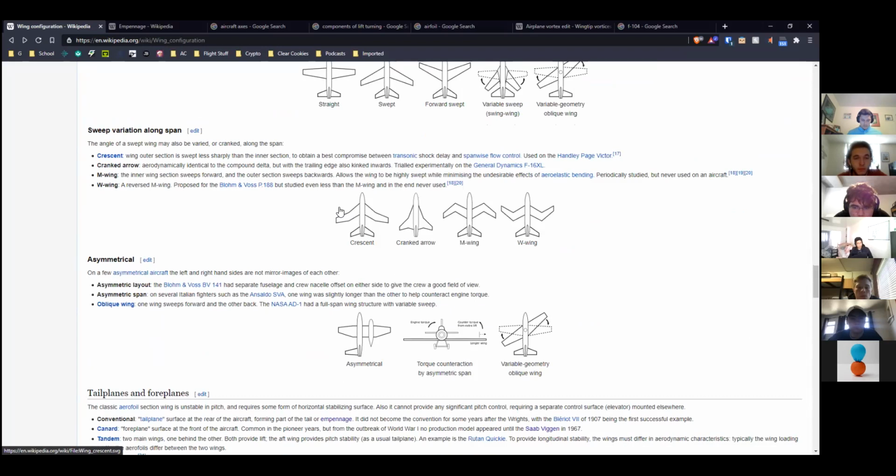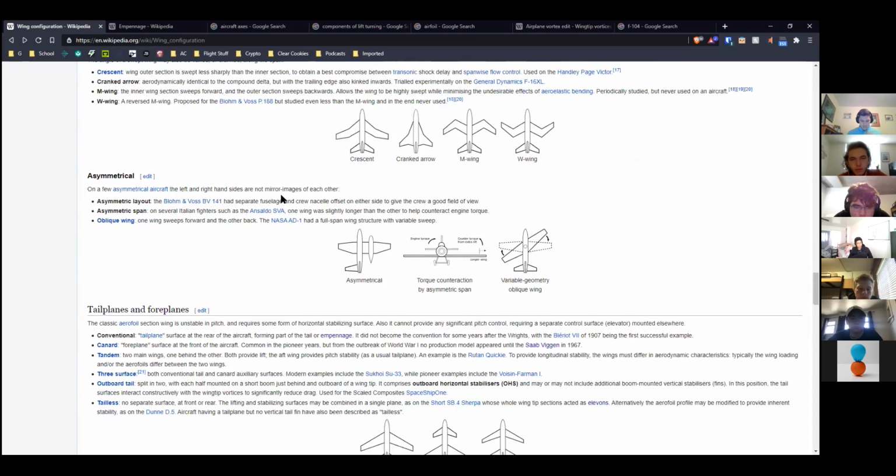Varying your sweep would help at supersonic speeds for various things, but we can pretty much just skip over that. And then asymmetrical is definitely doable. There's actually a few planes that have asymmetrical layouts, but they're just a lot harder. They require a lot more math.